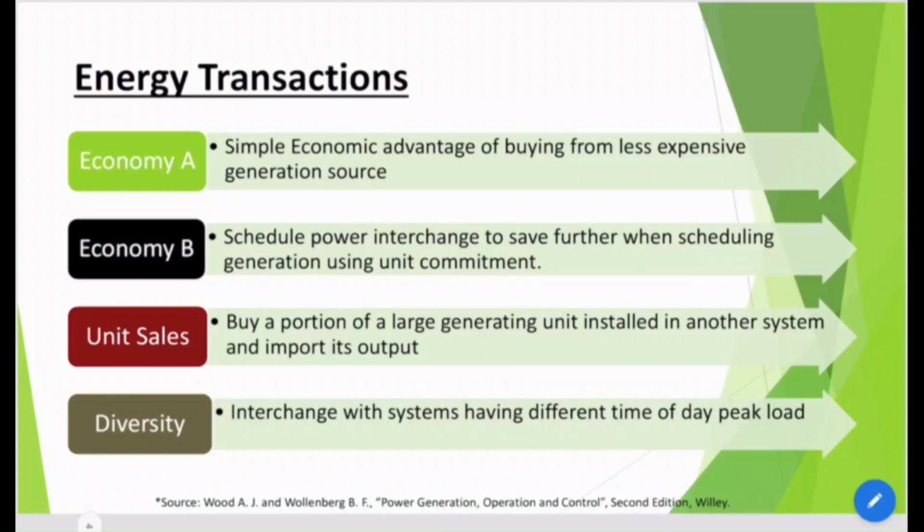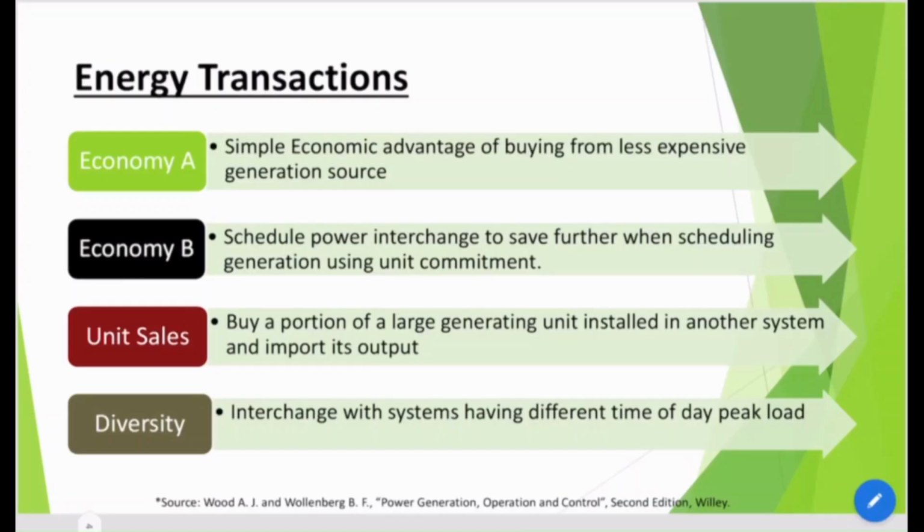The third one is unit sales. Buy a portion of a large generating unit installed in another system and import its output. It means you occupy some of the generation in your neighboring area, generate power, and then transmit it to your own area.